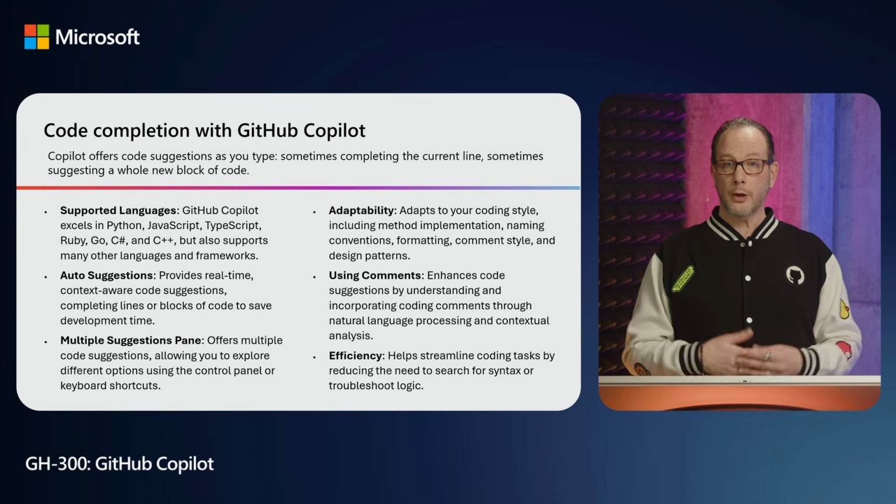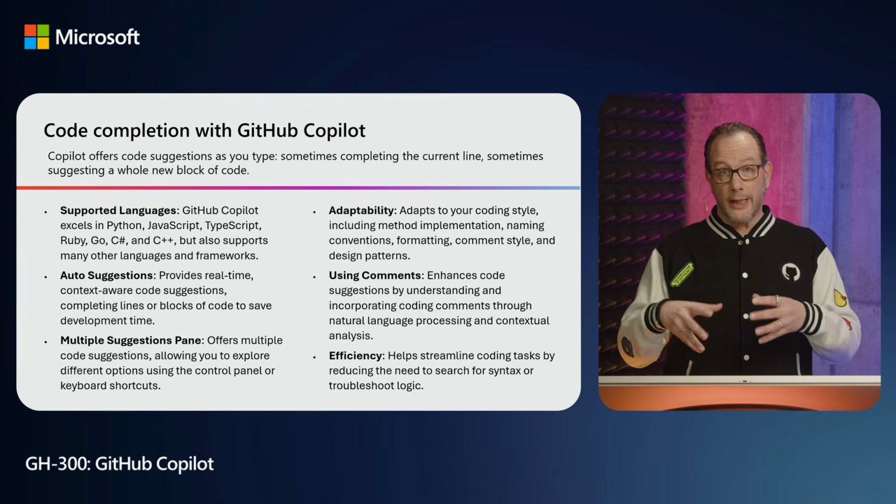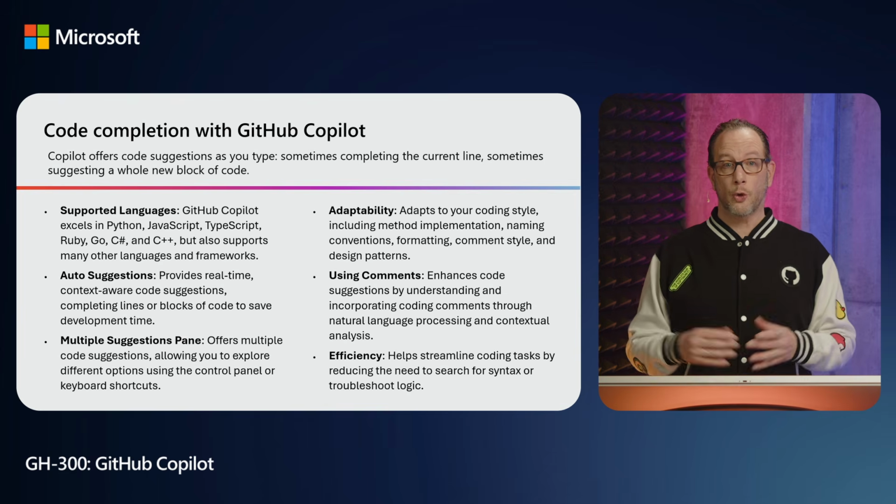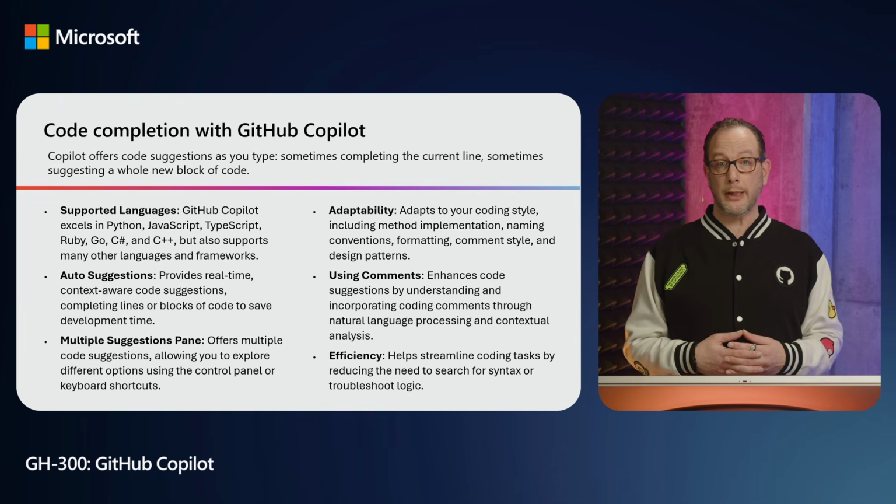You as a developer benefit by spending less time looking up syntax or maybe debugging common logic issues. With support for many popular languages and a multi-suggestion pane, Copilot offers flexible options that allow you as a developer to remain in that flow while selecting the suggestion that best fits the need.